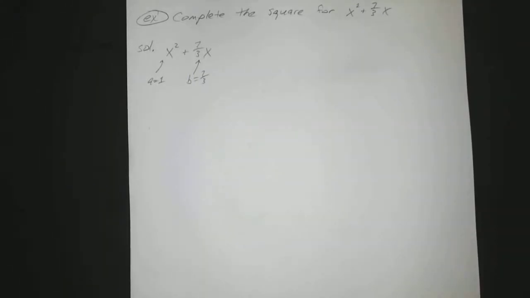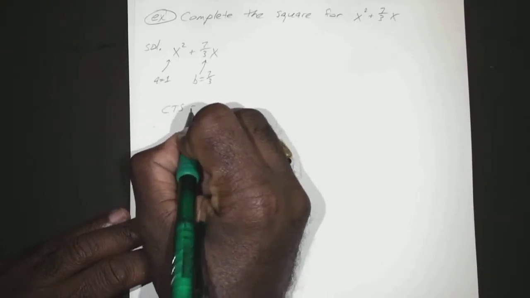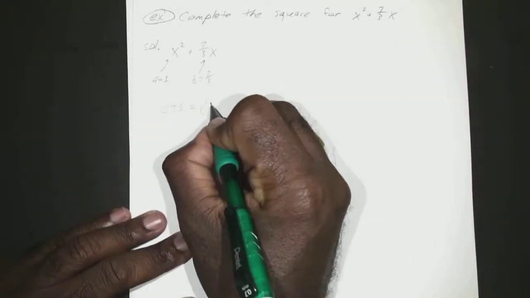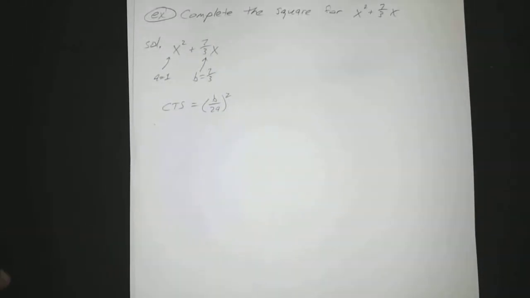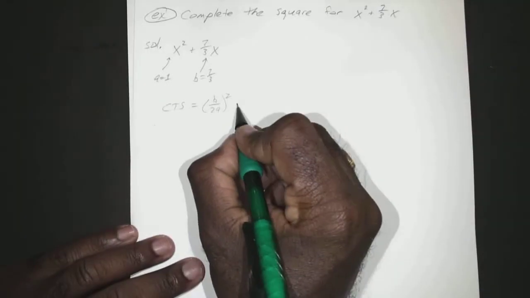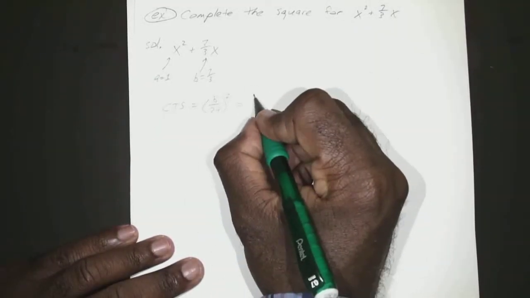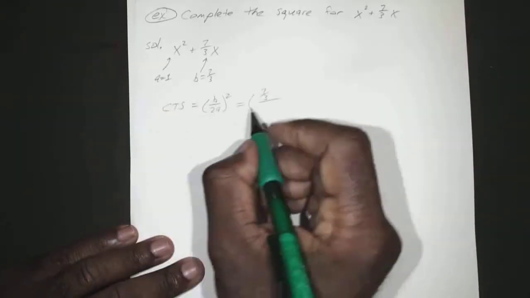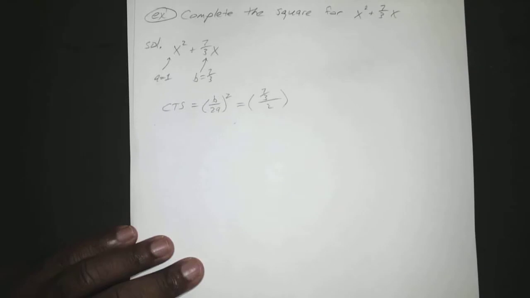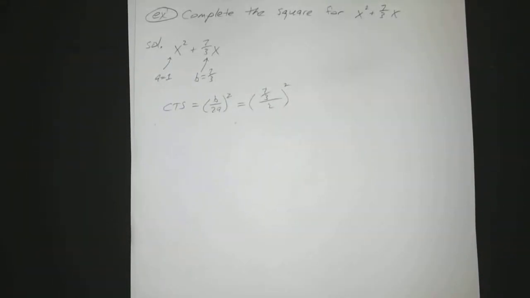Okay. So for completing the square, once again, it's b divided by 2a squared. So in this case, at least for fractions, we have 7 over 3 divided by 2 times 1, squared.